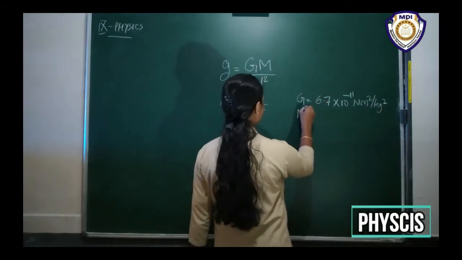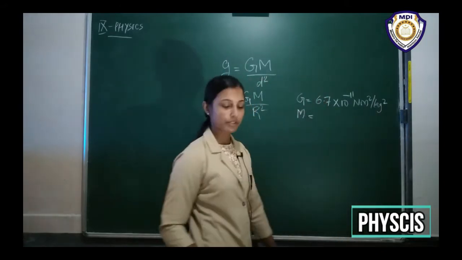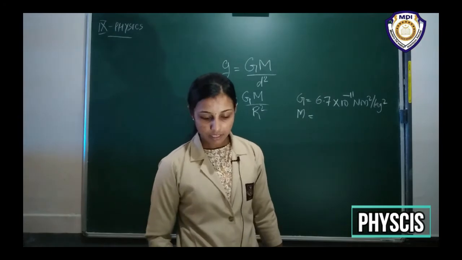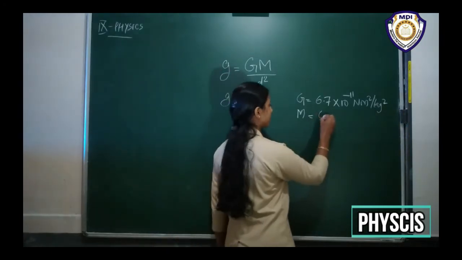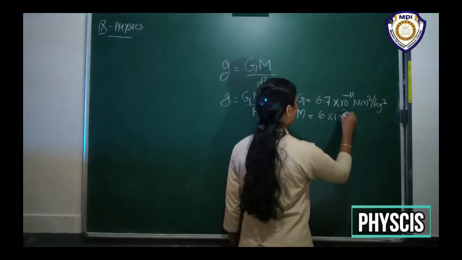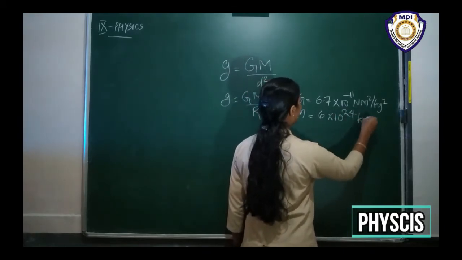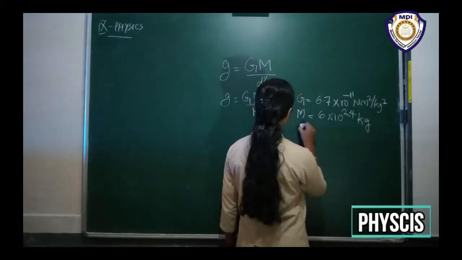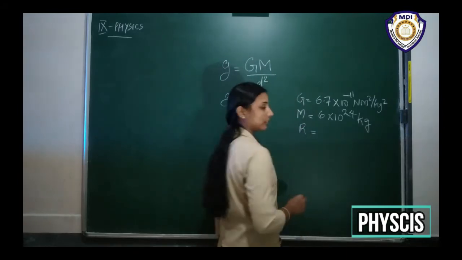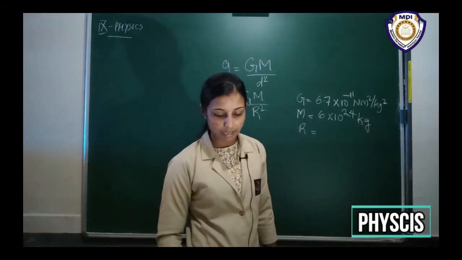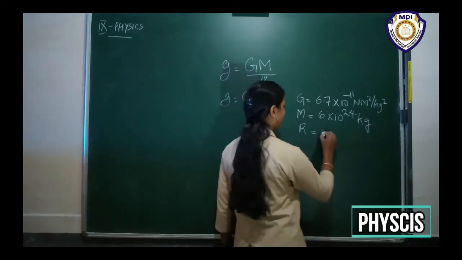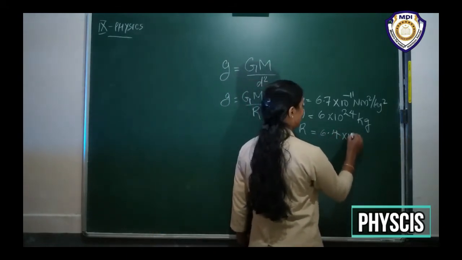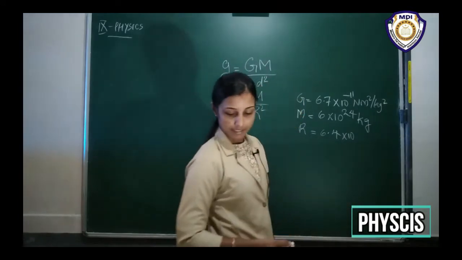And what is the mass of earth? The mass of earth is given as 6 into 10 raised to 24 kilogram. And what is the radius of earth? The radius of earth is given as 6.4 into 10 raised to 6 meters.